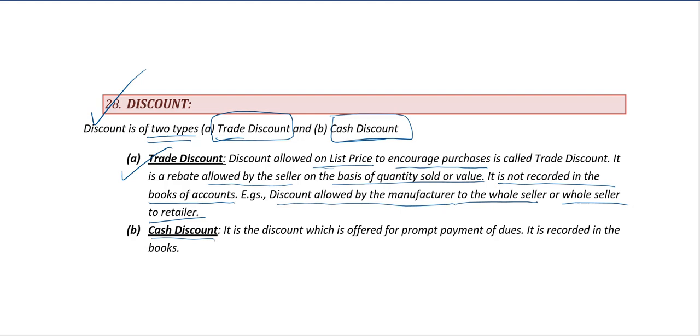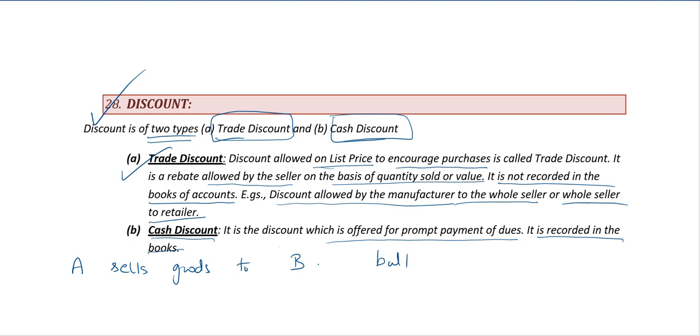On the other hand, a cash discount is discount which is offered for prompt payment of dues. Cash discount is recorded in the books of accounts. Now let's say A sells goods to B. Now if A gives a discount to B because B has purchased a bulk quantity of goods from A, then it is called trade discount.